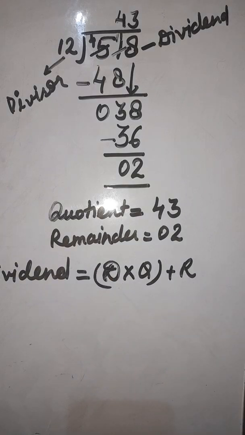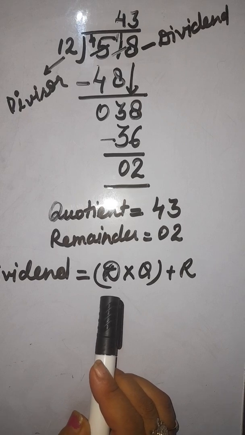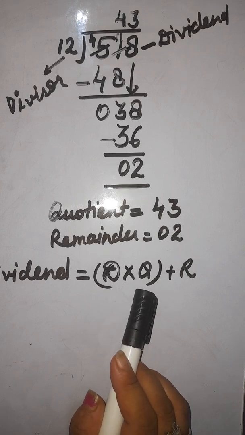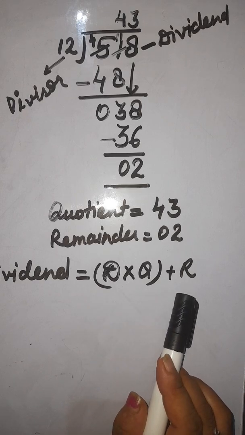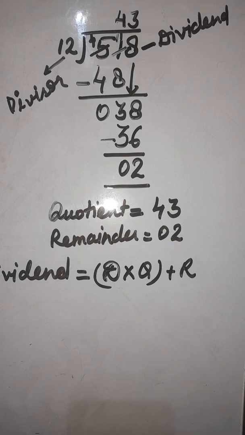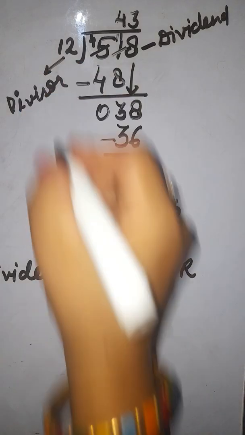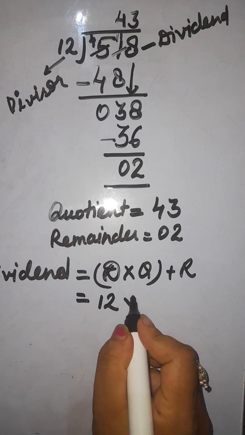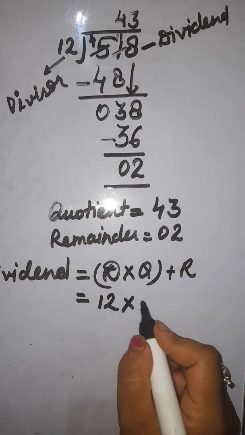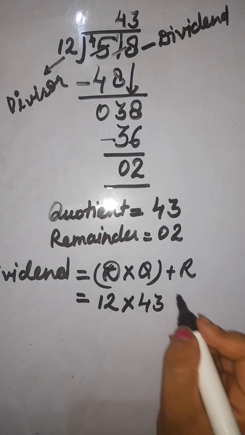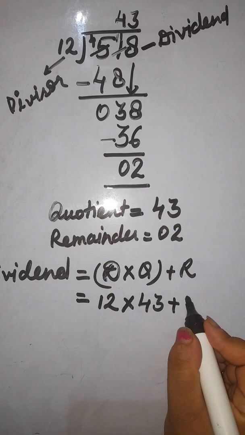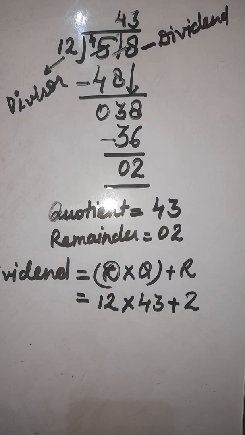This is the short form of divisor, this is the short form of quotient, and this is the short form of remainder. So we need to write here our divisor is 12 multiply quotient is 43 plus remainder is 2. Now check.